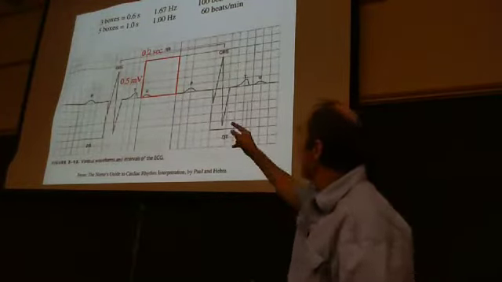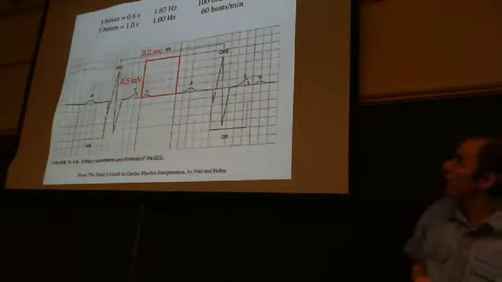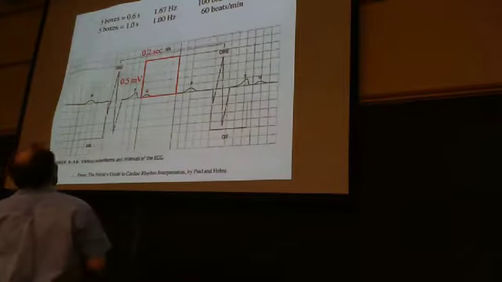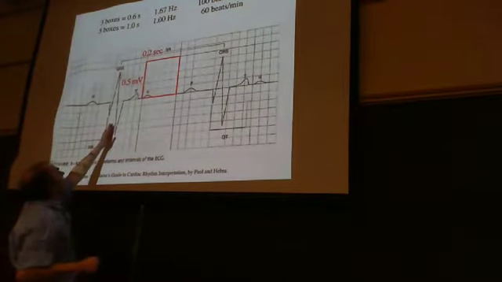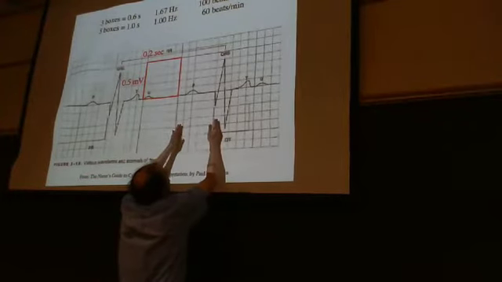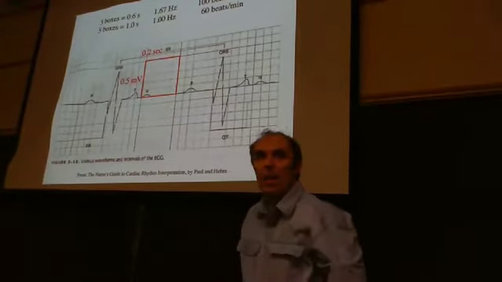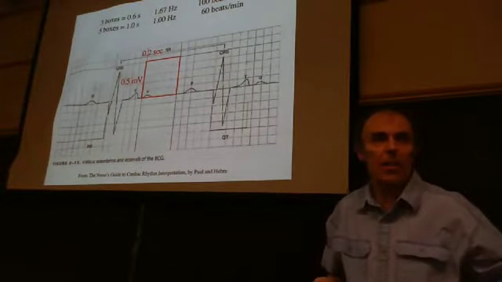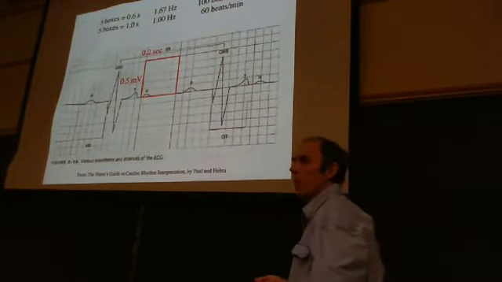All right, so now you have the information you need to figure out the heart rate. Here we see a QRS complex, and this would be 1 big box, 2 big boxes, essentially 3 big boxes. That means 0.2 times 3, that's 0.6 seconds between QRS complexes.